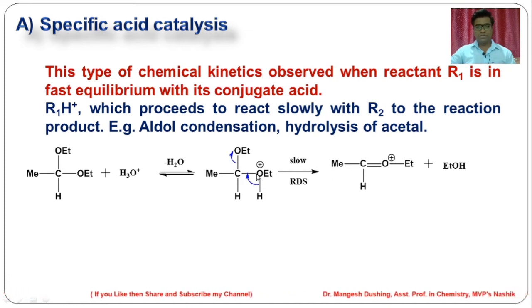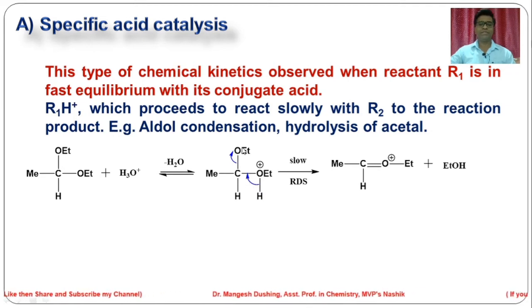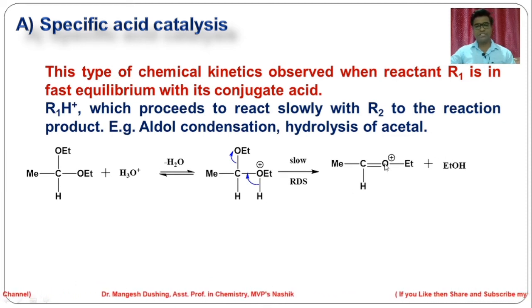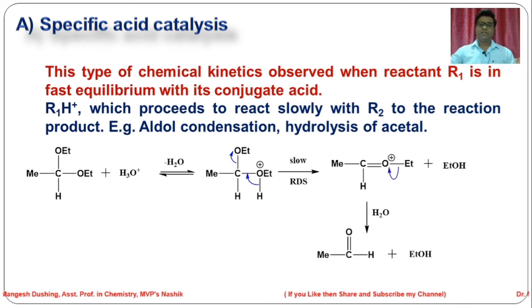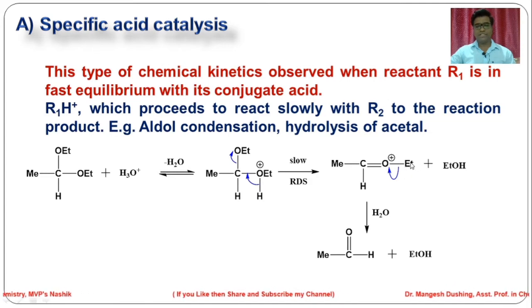So with this OH, the electrons go over here while one of the OEt groups gets eliminated. So OEt minus and H plus form a byproduct, that is ethanol. The positive charge remains as it is, and this single bond is converted to a double bond. Now, in presence of water, whatever ethyl group is there will get eliminated, and what we get is the aldehyde.